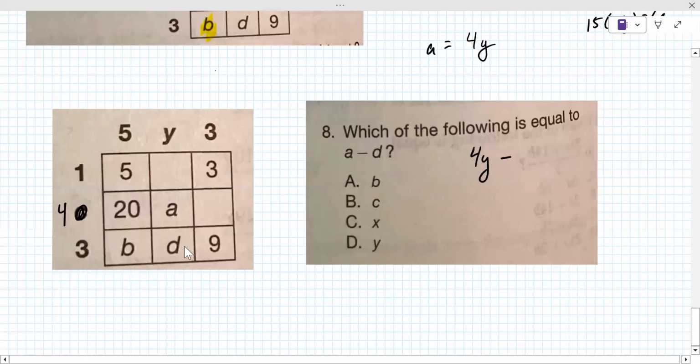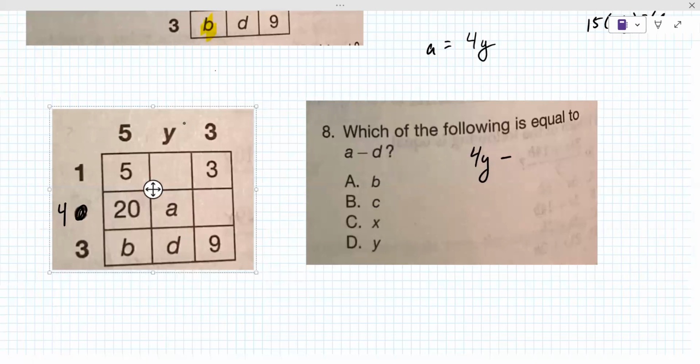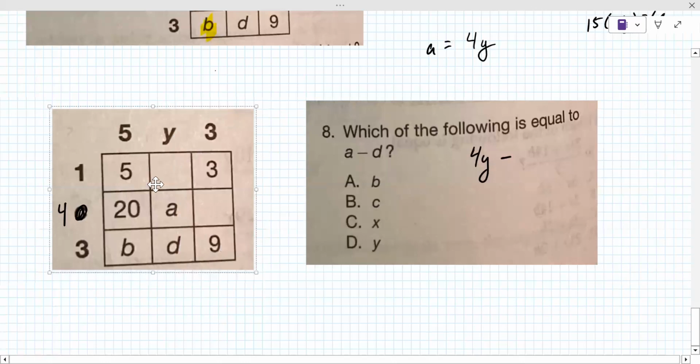Now, D is right here. What is the value of D? I'm not sure, because we didn't figure out Y. But we didn't figure out Y for A either. How did we write it? Come on, you're almost there. A is 4 times Y. D is right below it, so it would be DY.